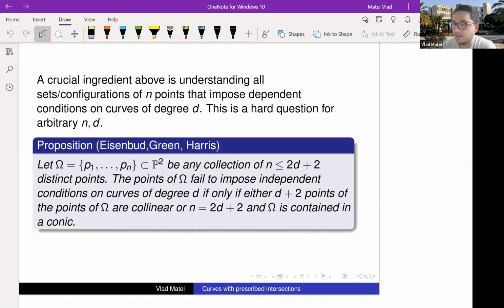Because this is 2D, you have at most 2D intersection points. So the only trouble you run into is having points on a line. That's the only obstruction, and then you just have to carefully write the codimensions and just do the combinatorics. There's really nothing too complicated about that. Does that answer your question?